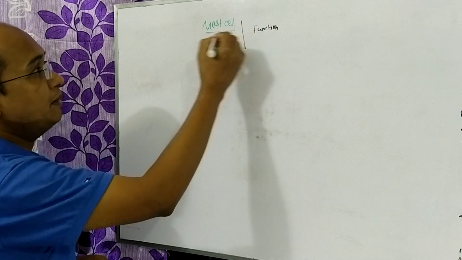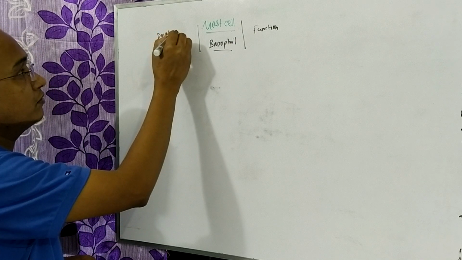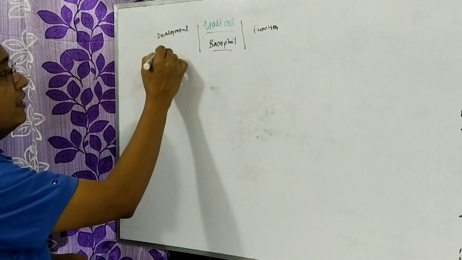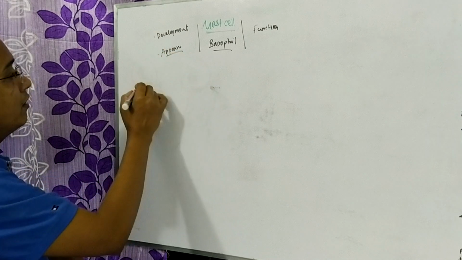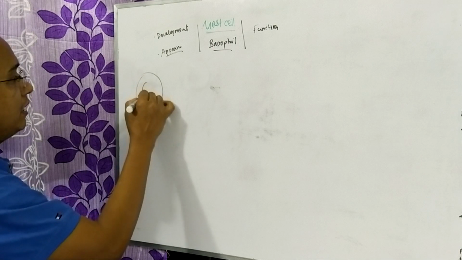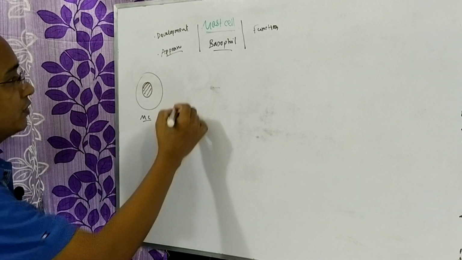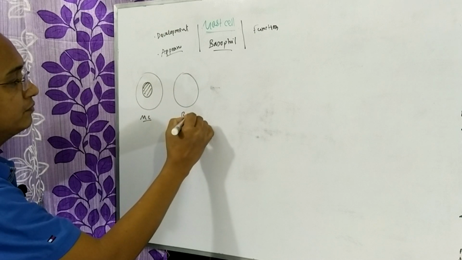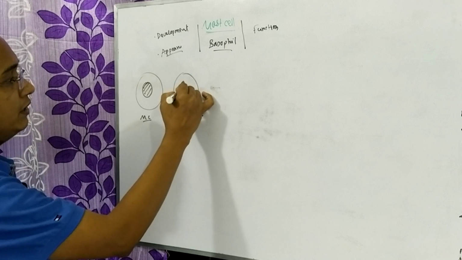But they are dissimilar in development, and they are also dissimilar in appearance. What is that? Mast cell has a large nucleus which is not lobulated. On the other hand, the basophil has a multilobulated nucleus like this.